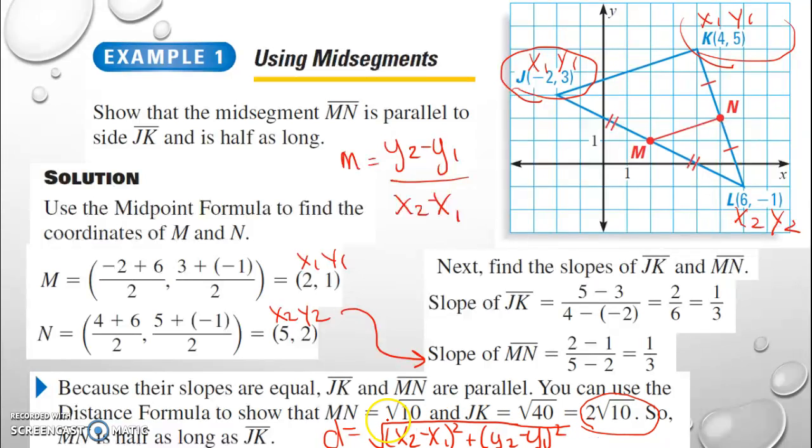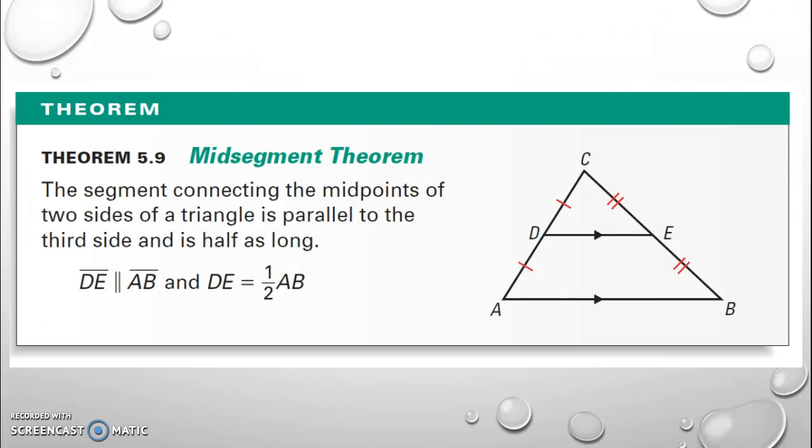And we plug in our points for M and N. When we simplify that, we get radical 10. So JK is 2 times the length of MN. So that's our other property. The two important properties we have to know are that the mid-segment and its base are parallel, and that the mid-segment is half of the base, and that's summarized right here on this slide.